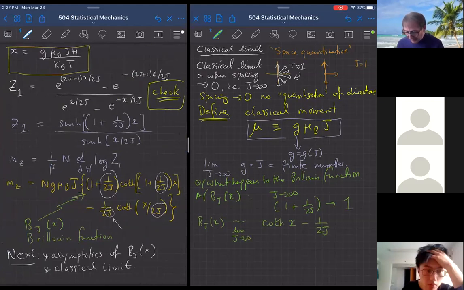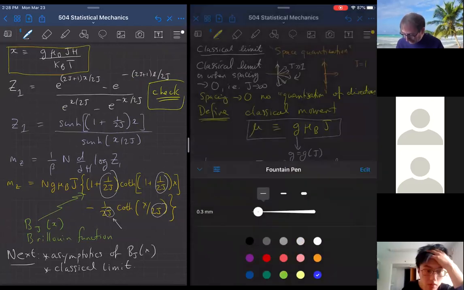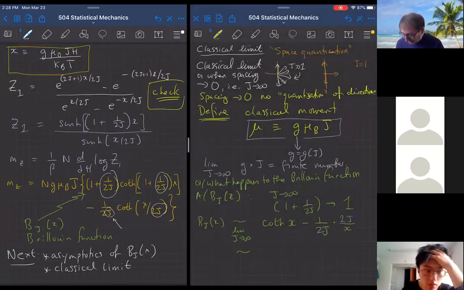But then I also have the j go to infinity limit of coth of x over 2j, and its behavior for large j, in other words small values of its argument, is linear, so that goes to 2j over x, like so, and then the j factors cancel out. And so what I end up with is coth x minus 1 over x, and that's just the Langevin function of x.